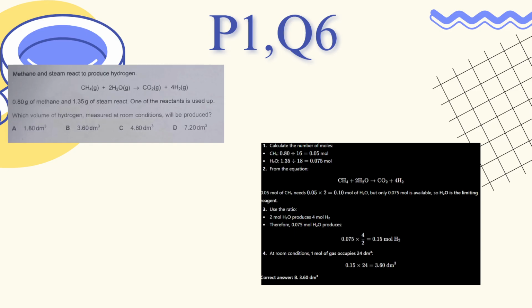At room conditions, 1 mole of gas occupies 24 dm³, and then we multiply by the moles of hydrogen, and we get the correct answer, that is 3.60 dm³. So the correct answer is B.